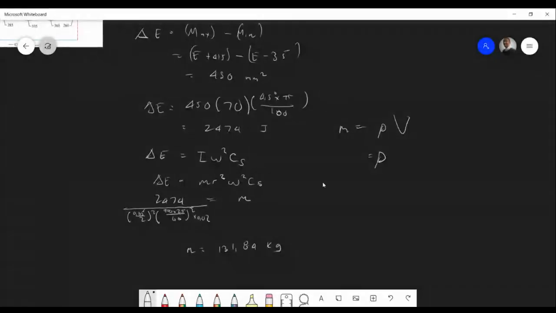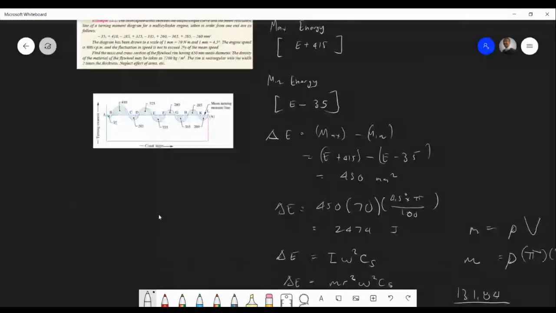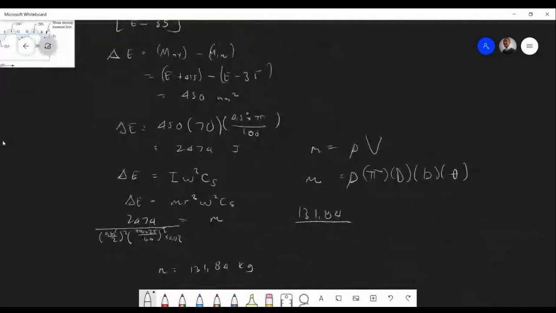So it's going to be expanding upon this. What was it again? Pi d, and the area, and obviously this is area, and it is now b times t, and that's the mass. So 131.84. Our density is given as 7,200 in this case, right?